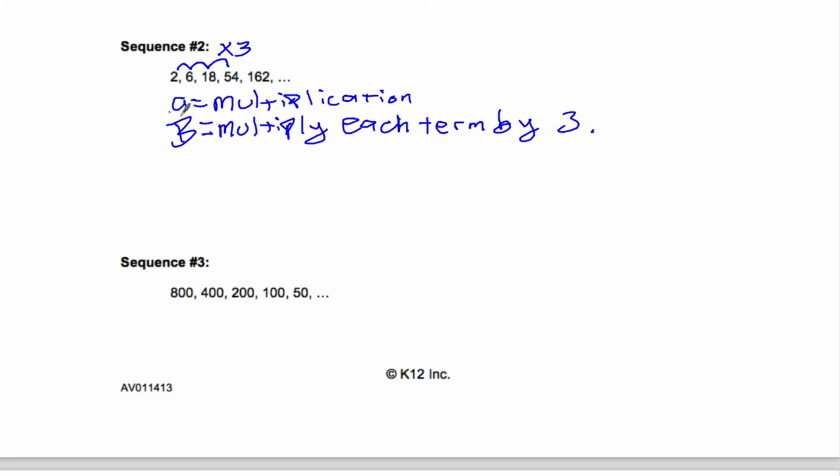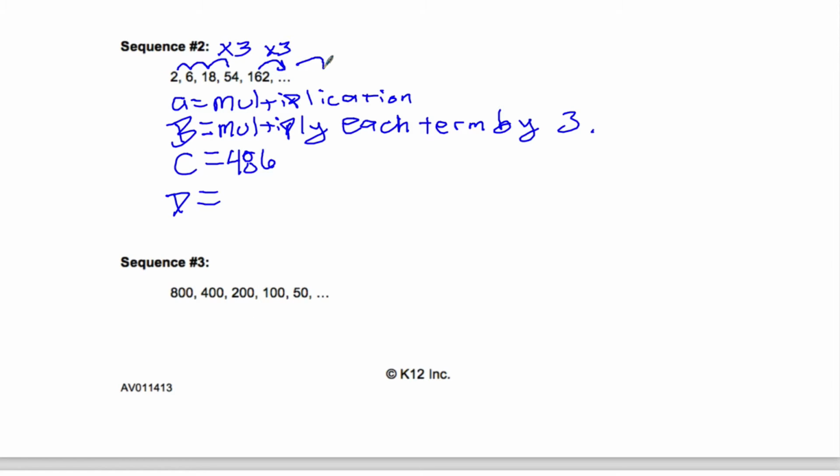Okay, and then C. C is asking us to give the next term. Well, if it's times 3, then we just need to do 162 times 3. And if we do that on a calculator, we'll see 162 times 3 is 486. So times 3.